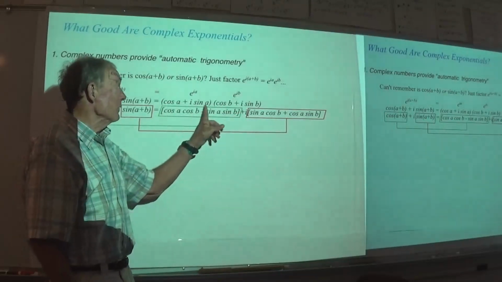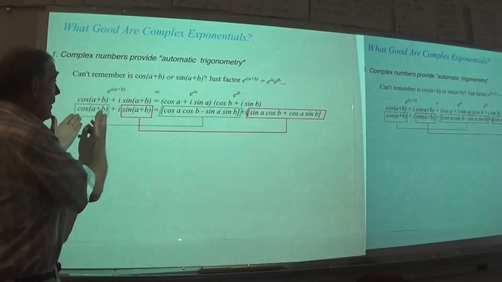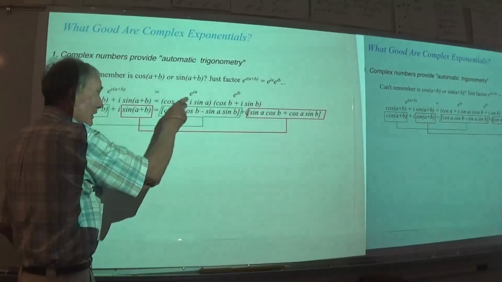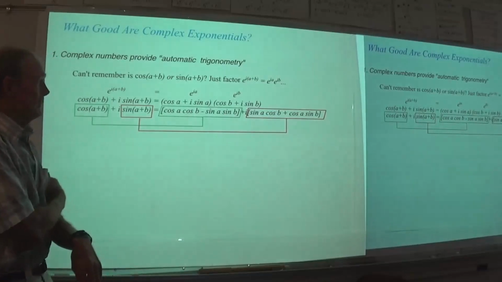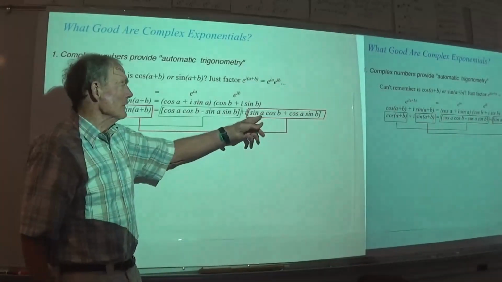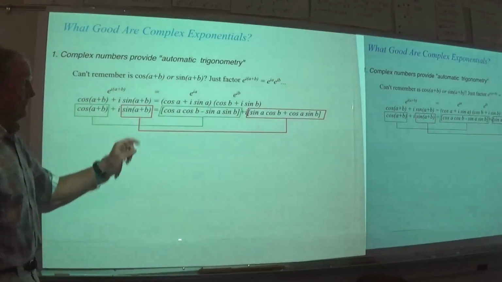So you only have to multiply these two together to get the real part, which is this, and you get a minus sign there because the i's get together to make that particular term. In the price of this, you get two for one. You also get the sine of a plus b.